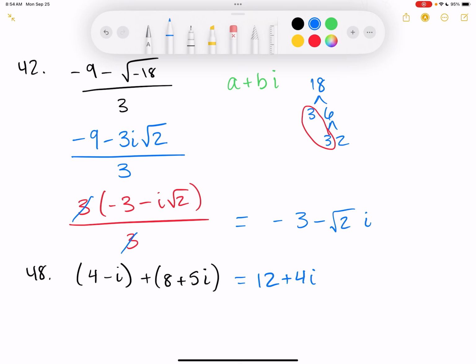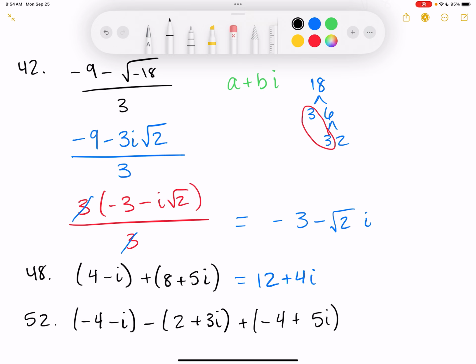If we have something like 52, though, where we've got, in parentheses, negative 4 minus i, minus, in parentheses, 2 plus 3i, plus, in parentheses, negative 4 plus 5i.